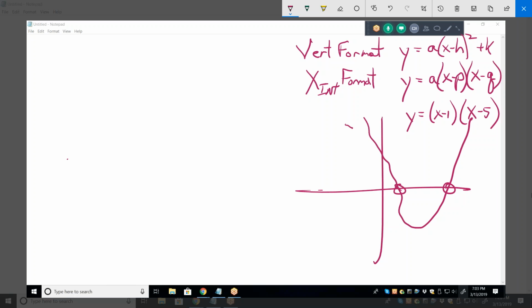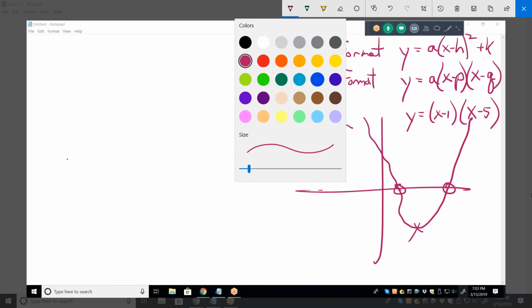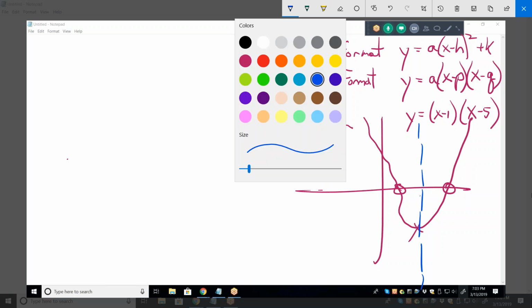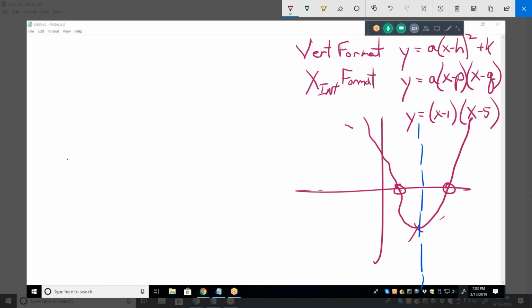What I don't know is the vertex. So I have to go to some trouble to find out where the vertex is. Actually, I do know where the vertex is. Let me retract that statement. If I draw my line of symmetry between 1 and 5, what is the x-coordinate of the vertex? This is 1, this is 5.